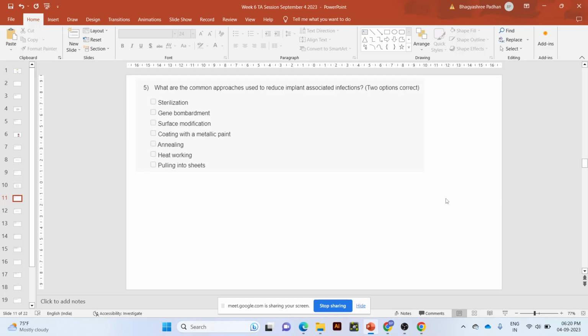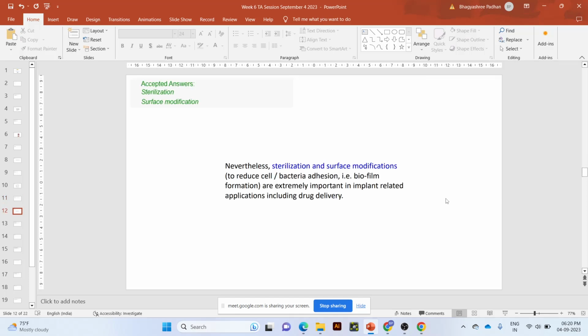So surface modification is another approach that can be used to reduce implant associated infections. Like we discussed, the hydrophilic surface or smooth surface, you can make these changes to the implants to reduce the infections. So sterilization and surface modification are the common approaches.